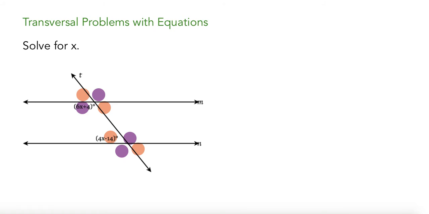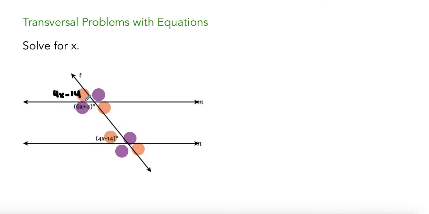If I know that all of my angles labeled in purple are the same and all of my angles labeled in orange are the same, it really doesn't matter where it is placed. So I could rewrite this expression and I can write it up here, 4x minus 14, because it's the same thing. All of my angles in orange are the same.